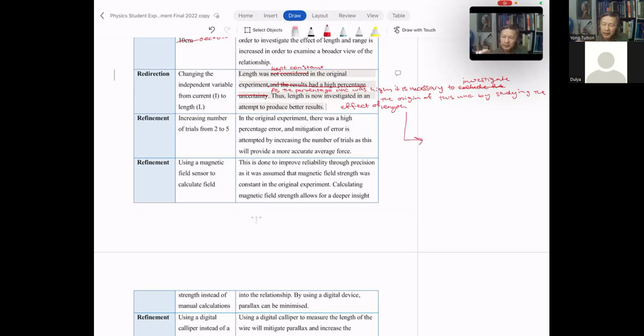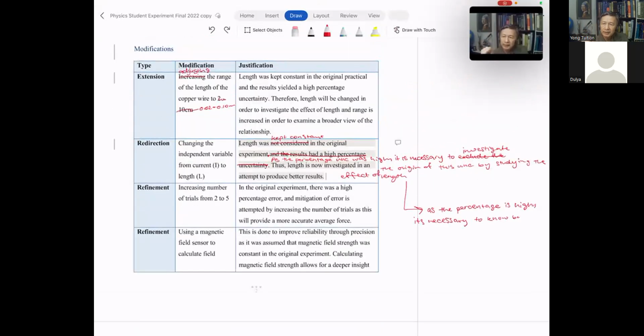As the percentage error is high, it's necessary to know its origin, by studying the dependence of the force on the length. The range of the unknown factor will be reduced.